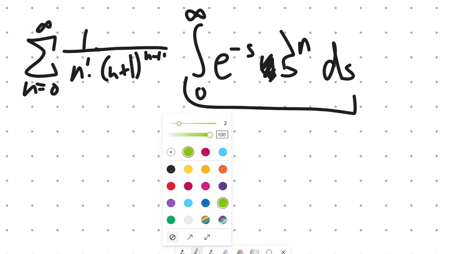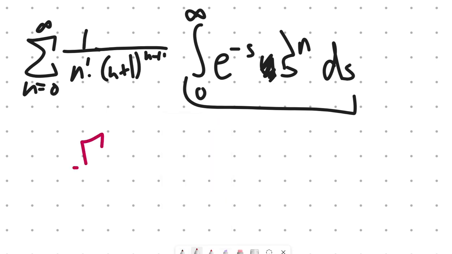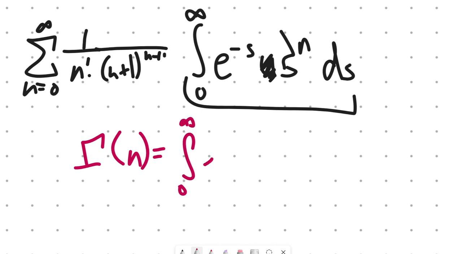Let's recall the gamma function. The gamma function, gamma of, let's say, n, is equal to the integral from 0 to infinity of e to the negative s times s to the n minus 1 ds.